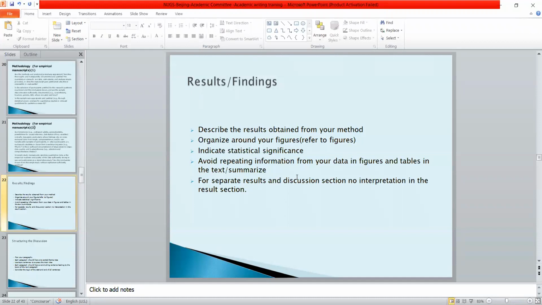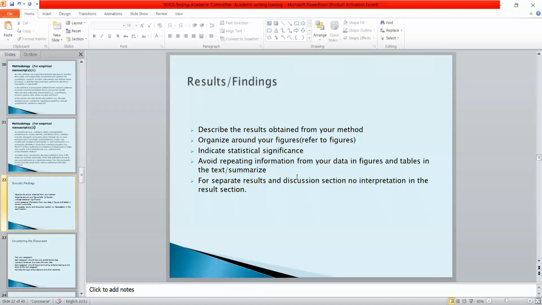How many men? What is the percentage? What is their educational background, the demographics? All those things must come in, depending on what you are studying. Then all your findings and results are put together, and then you discuss them. So for instance, under the results and findings, you describe the results obtained from the methods you've used, organized around your figures.